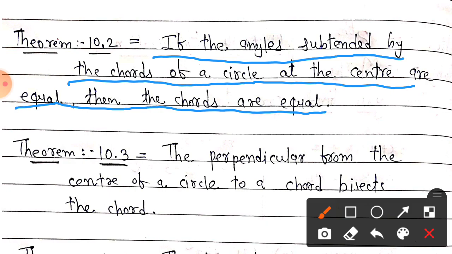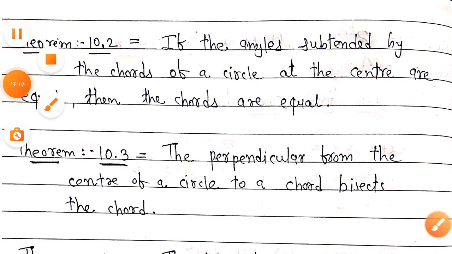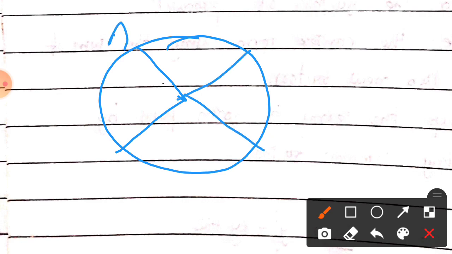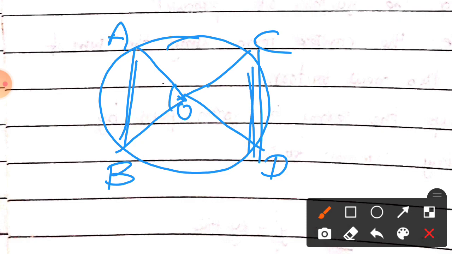In theorem number 10.1, the statement says that if we draw a circle like this, angle AOB and angle COD are the same if the two chords are equal. This is our theorem number 10.1, correct students?